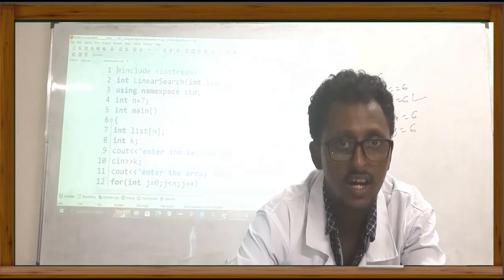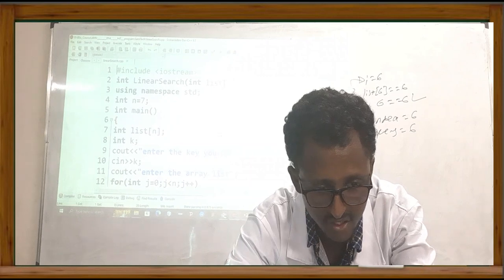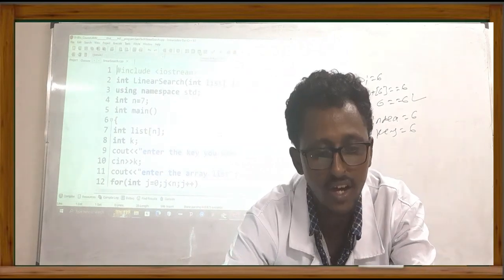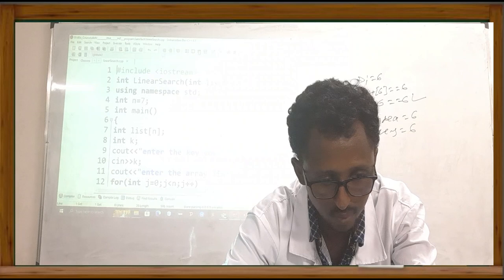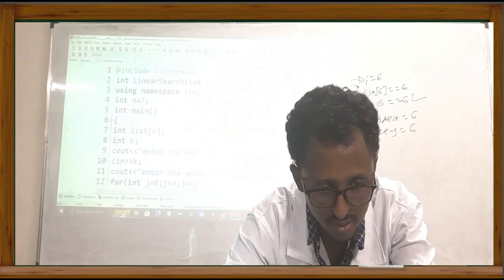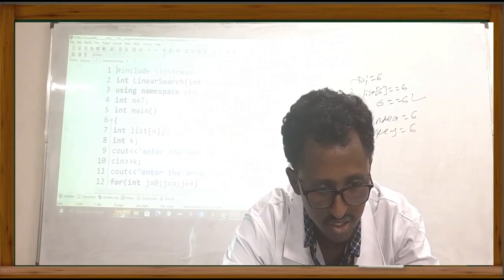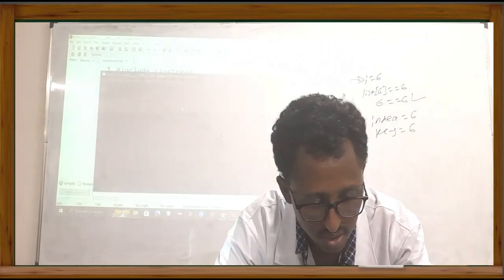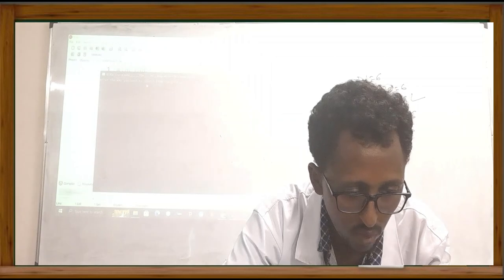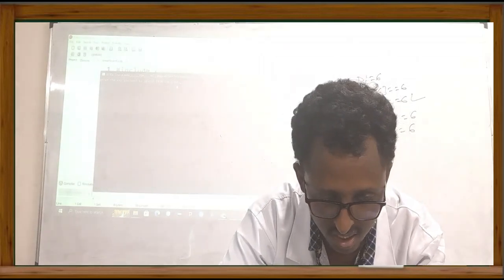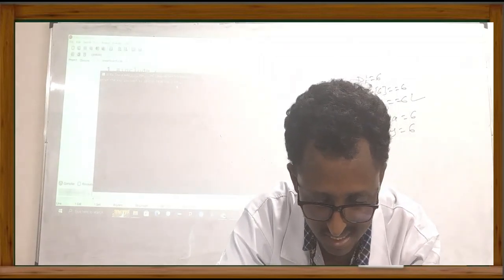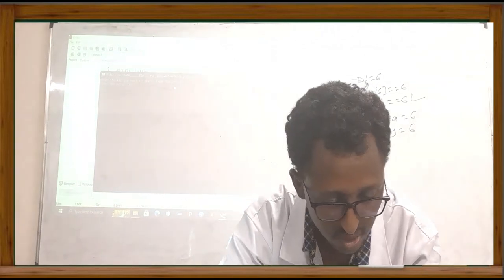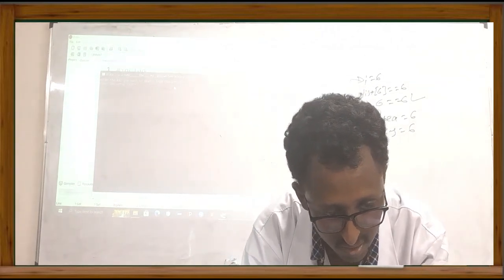Okay, guys, just to show the implementation, the simulation, we run the code that we saw in the presentation. When we run it and give some values, just enter the key you want to search from the array, assume 6, and enter the list of values that you want to search.